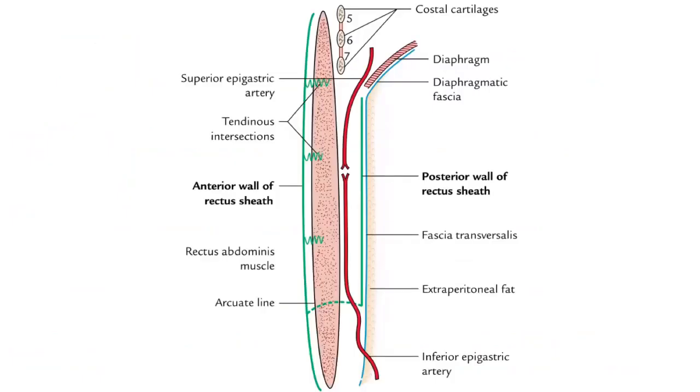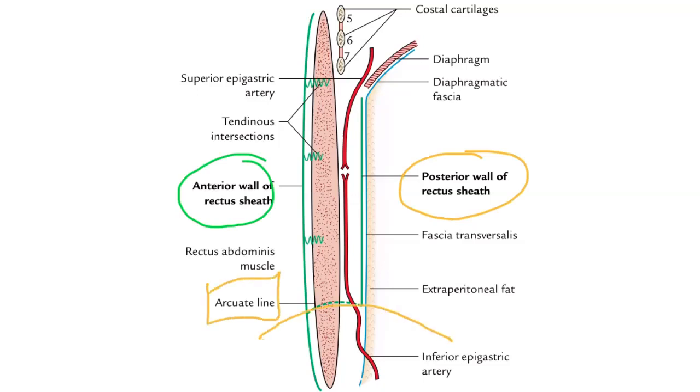So this is the diagrammatic representation of rectus sheath. Anterior wall, green one is rectus sheath, right? This is the posterior wall, green one is rectus sheath, right? You see, this is the arcuate line.